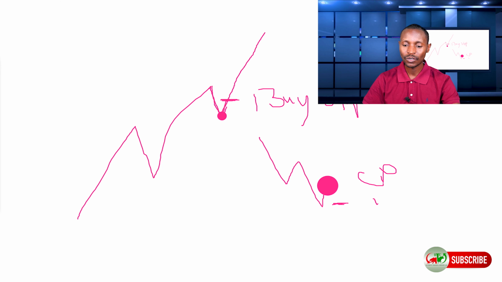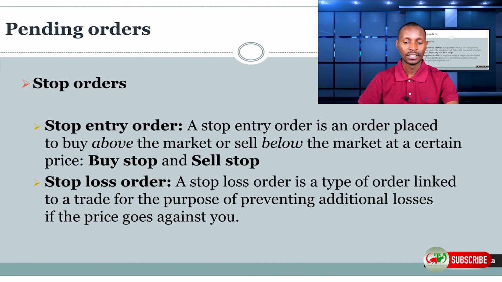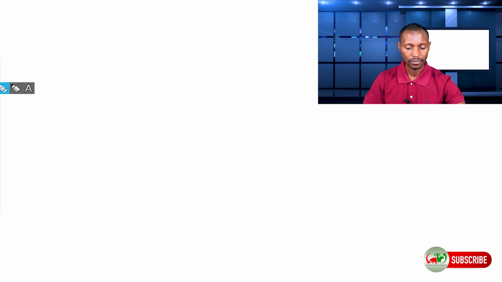So this is what we call sell stop. It means if the market collapses down, you will join the trade and continue the market down. This is what we call buy stop and sell stop for entry of the trades. So we have two, buy stop and sell stop, which help us to enter into the trades.